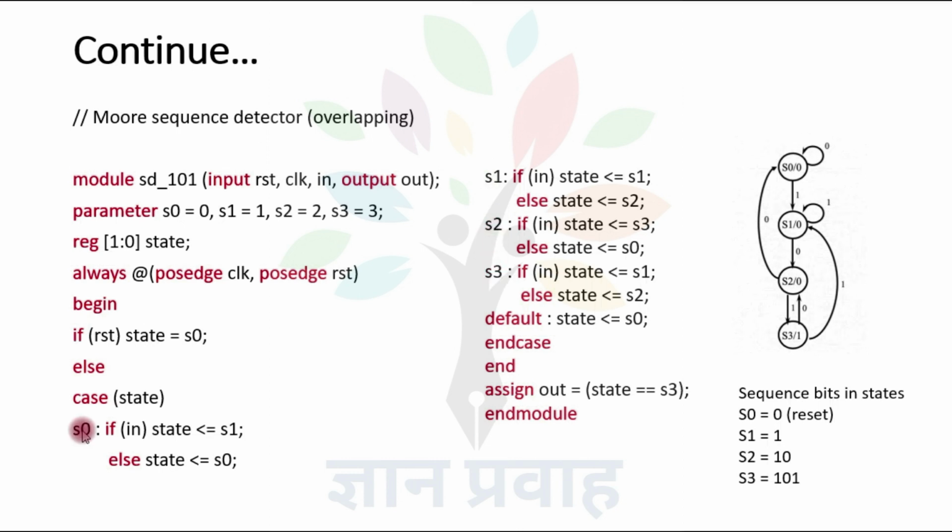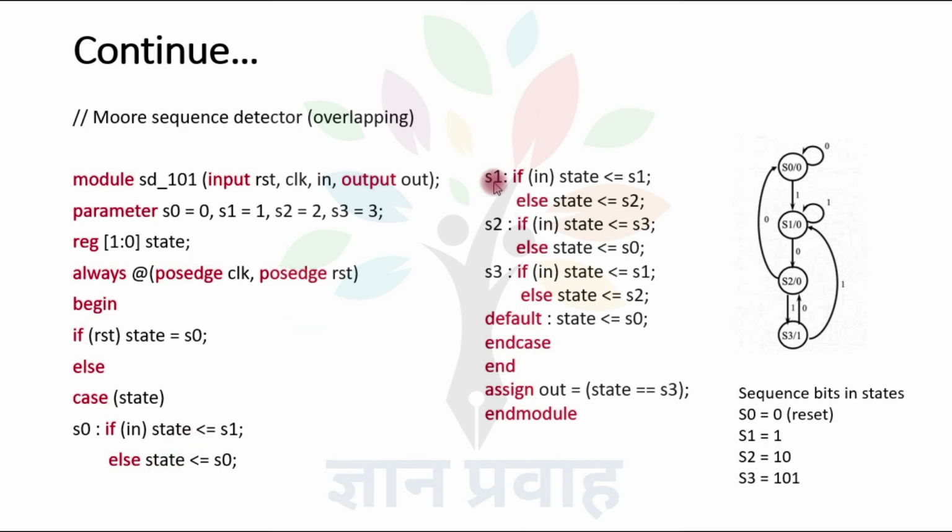When we are at state S0, if input bit is at logic 1, then next state is S1. If input bit is at logic 0, then next state is S0.